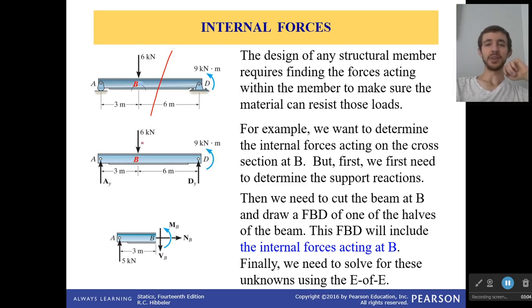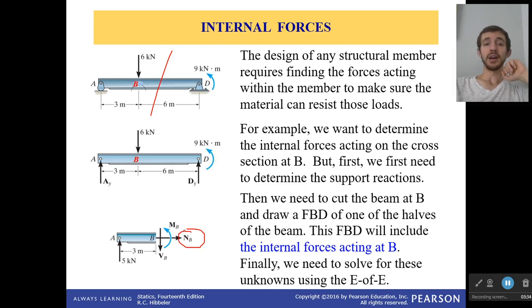Okay, now how do you do this? Well, it's not too terribly difficult. You cut, you make a free body diagram just like with method of sections, and every time you cut, you always add a moment, a shear force, and a normal force. Now, any one of these could be 0, but you go ahead and place all of them, and you have to solve your equilibrium equations to determine what they need to be to maintain equilibrium. Like in this case right here, you can see that there is no other horizontal force, so that would have to be 0.